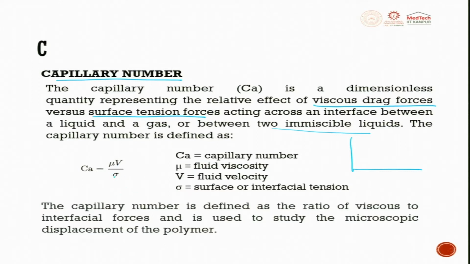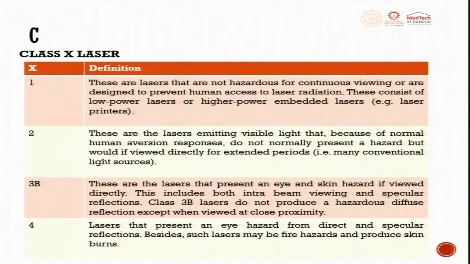Sigma is the surface tension, mu is the fluid viscosity, V is the fluid velocity. So, this dictates the capillary number. Capillary number is defined as a ratio of viscous to interfacial force and is used to study the microscopic displacement of polymers or metals in particular.